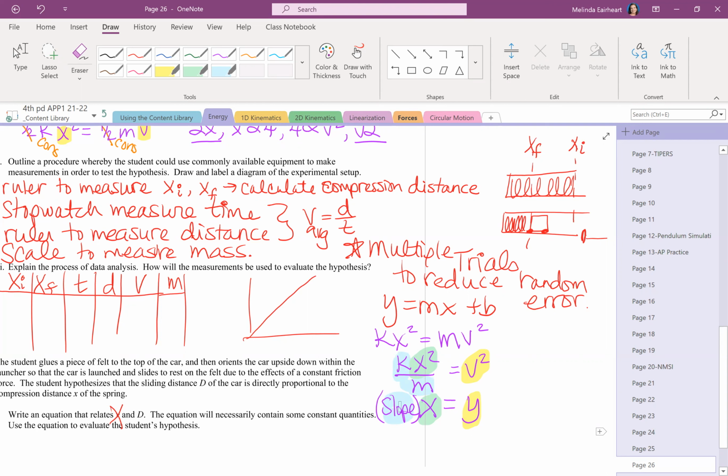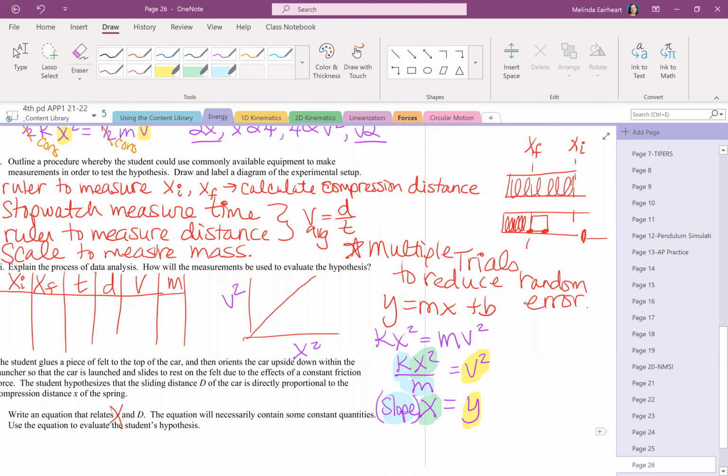Okay. And so if you plot on your graph v squared and x squared, then the slope should come out as a ratio of k to m. And y'all are going to do that today, okay? But you're going to use it to solve for k, not just prove a direct relationship. Now we know it's directly related, and y'all are going to do data collection.